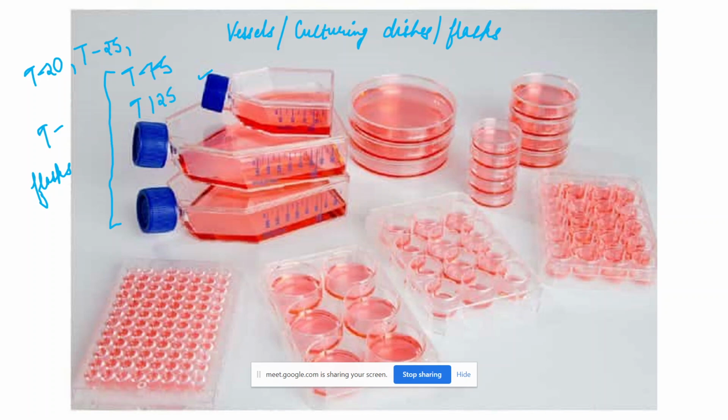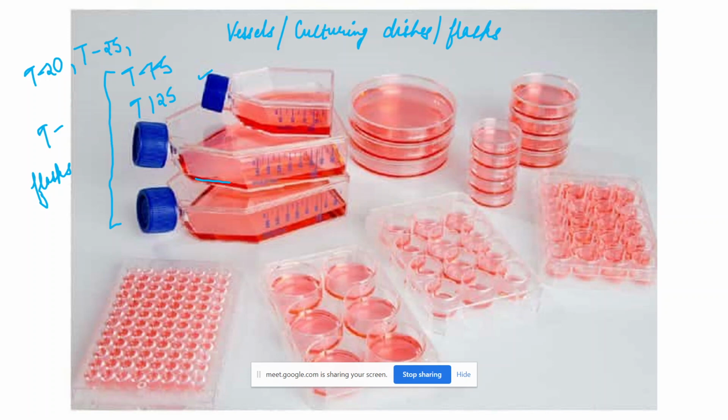So here the numbers which are written after the T, 20, 25, 75 or 125, they represent the area of your flask base, basically this area where your cells will attach and they will grow. Now T flasks are the most commonly used flasks for culturing cells.